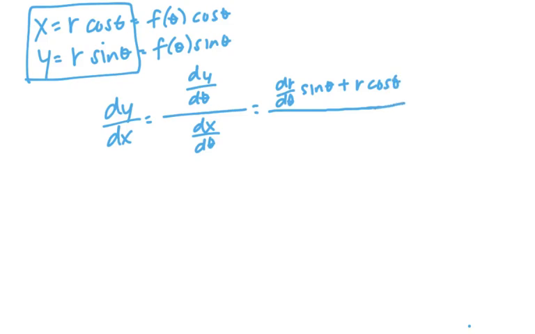Now we're going to do similarly on the bottom. The derivative of r is dr over d theta, implicit differentiation, and we keep cosine theta, plus we keep the r, and the derivative of cosine theta is negative sine theta. So let's change this to a minus r sine theta.